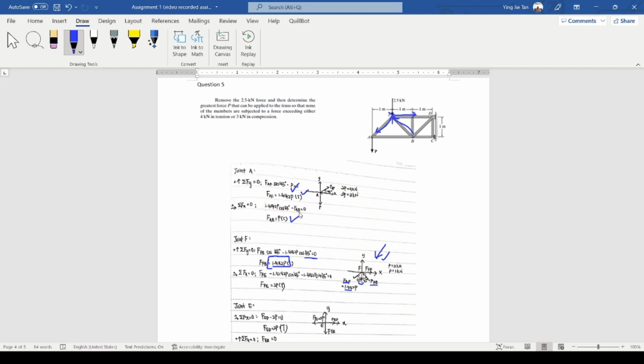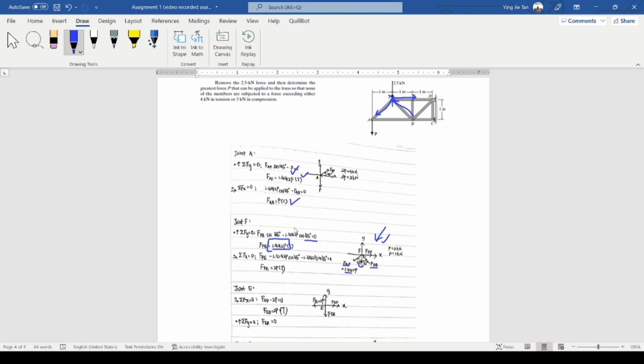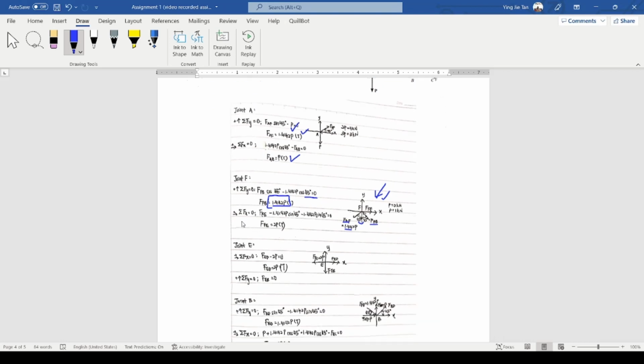Okay, because this one does not exceed 4 kN. So if this one is tension, then another one will be compression. Come back to joint F. We continue to check with the Fx. So right here, Fx, we will use the formula again. Resolve your F.